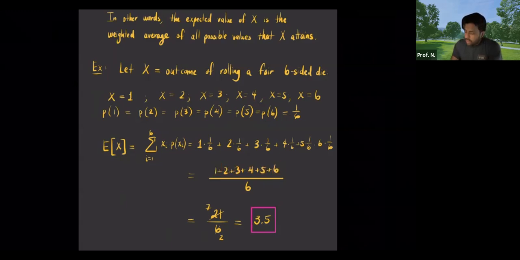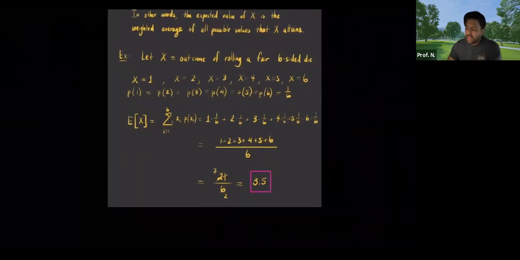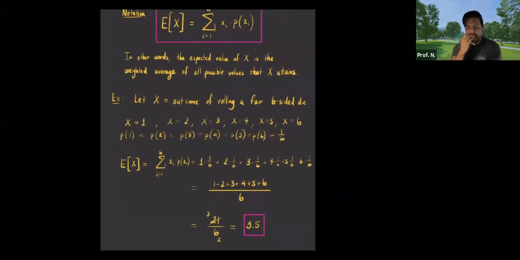So what's right in between all these numbers? The only middle number here is 3.5. So it's more than just the expected value of what you're supposed to get when you roll a six-sided die. It's really a number that indicates the possibilities with respect to the values of x.